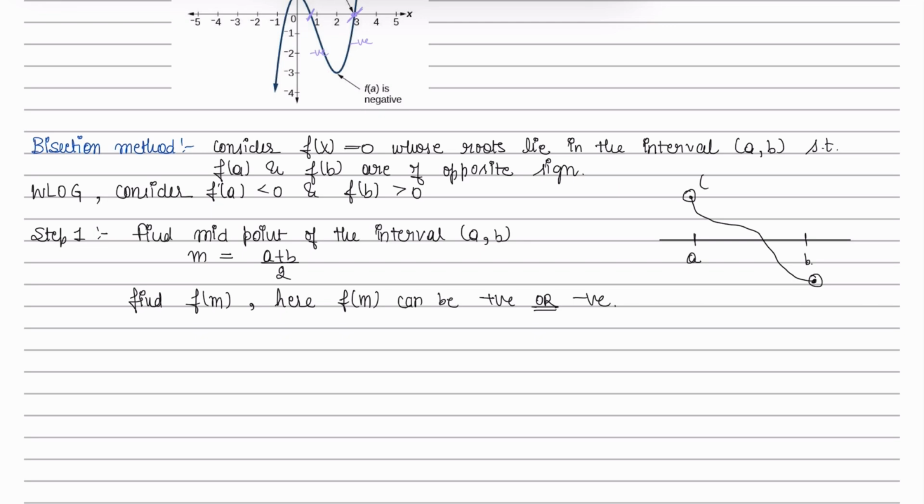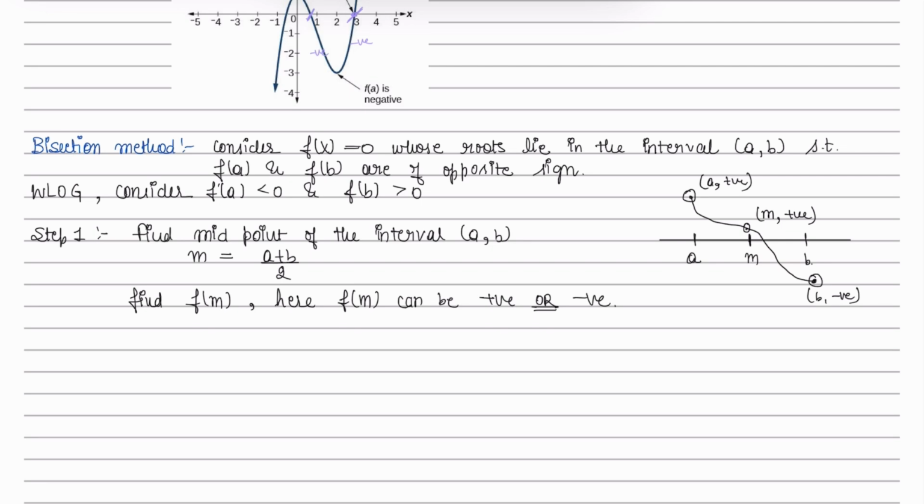At this point my function is positive and here my function is negative. So what we will do, we will find the midpoint of this interval, say this as m. And in our case, the value of the function at this point is positive.